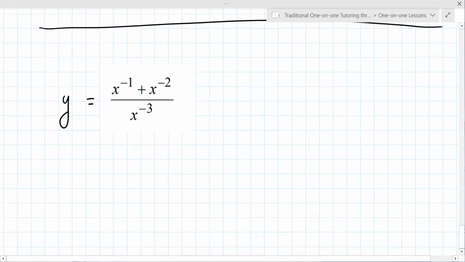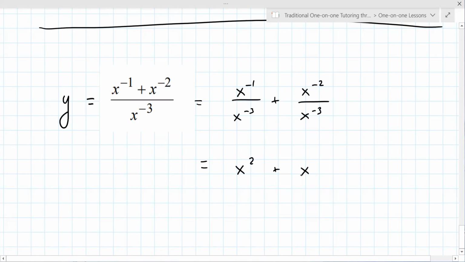The reason it is not a quotient rule problem is you can actually use some exponent rules first before applying any derivatives. I don't recall the AP having a lot of these, but maybe your instructor will introduce some of them, because this becomes x squared minus 2 minus a negative 3, which is x, and your derivative is now 2x plus 1.